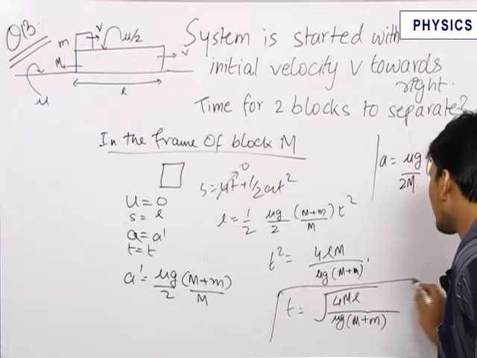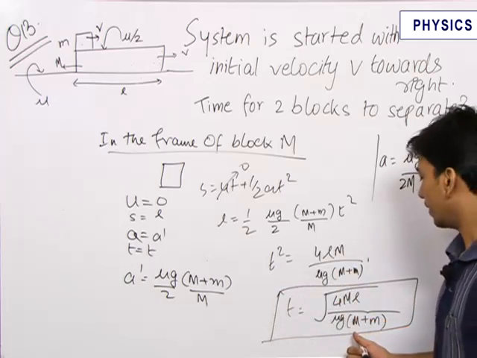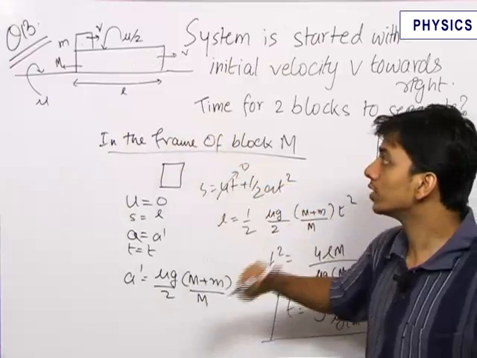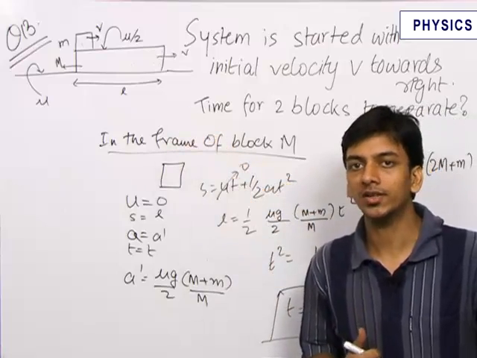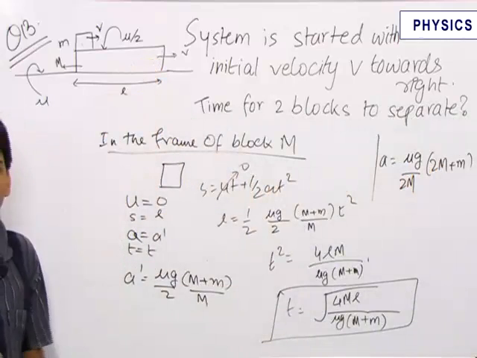So this is our final answer for the time taken by the upper block to leave the lower block. We have got this very easily, comparatively, as the case when we would have used the reference frame of the ground to solve the question. So it is always better to solve the question in the reference frame of one of the objects in these types of questions.